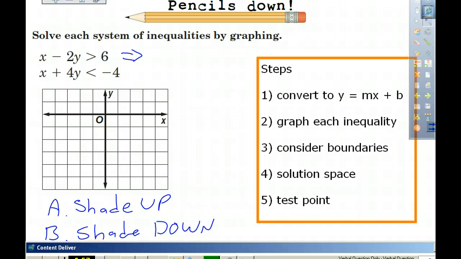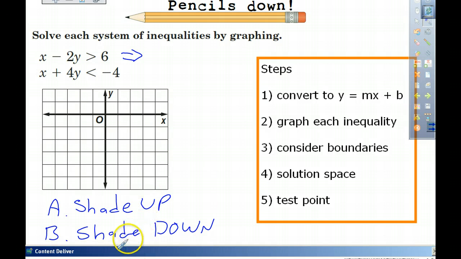If you think we should shade up on this, press A and then enter. If you think we should shade down, then press B and then enter. A or B, shade up or shade down.